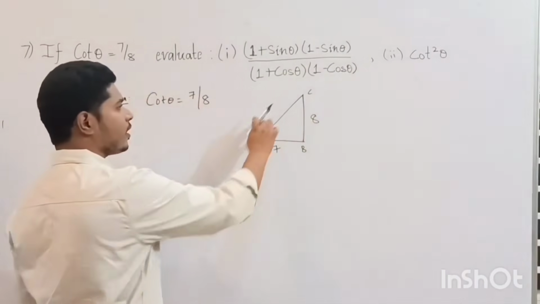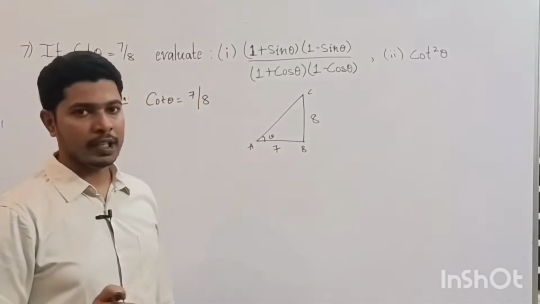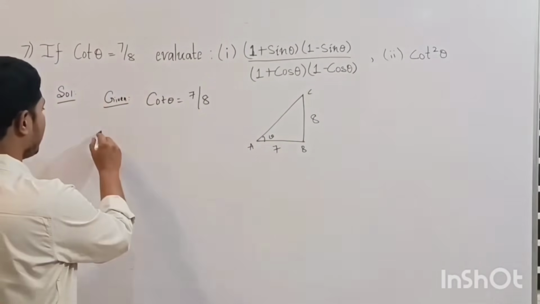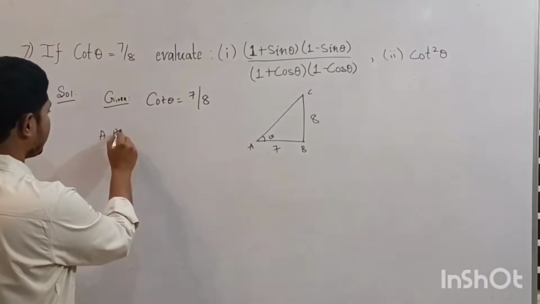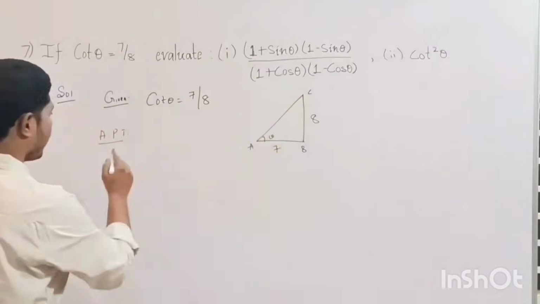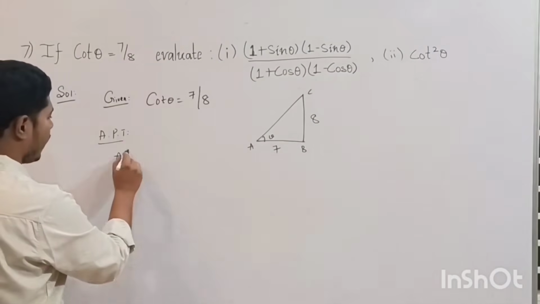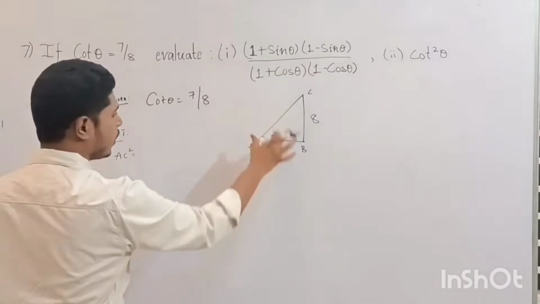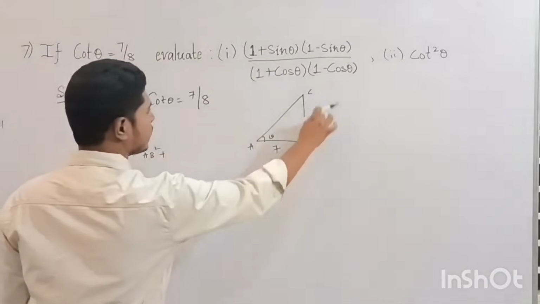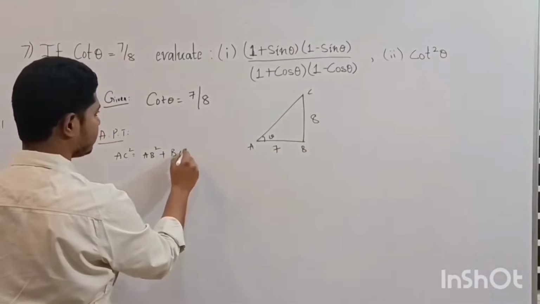Now, to find AC, to find the hypotenuse, we have the Pythagoras theorem. According to the Pythagoras theorem, we will find the required AC. Hypotenuse square is equal to adjacent square plus opposite square.